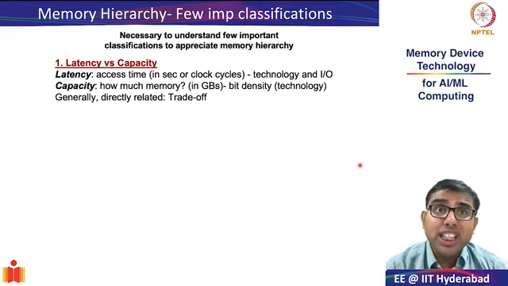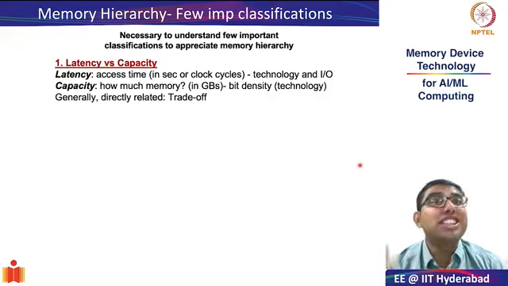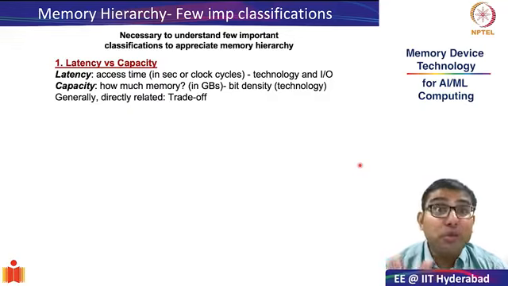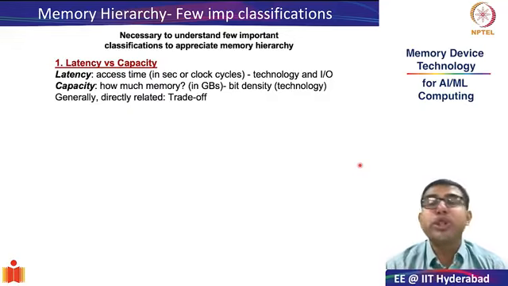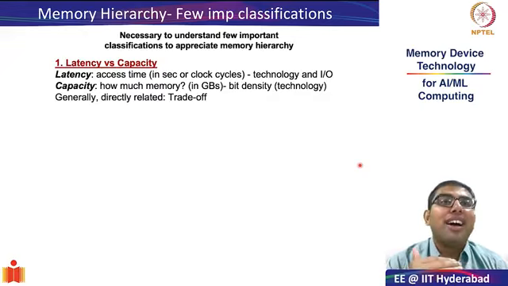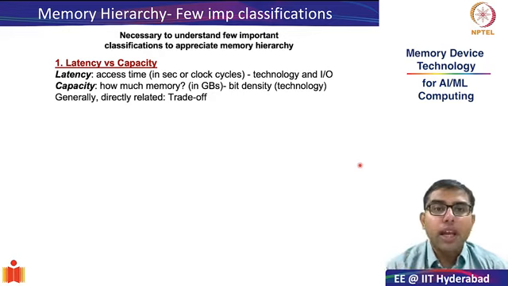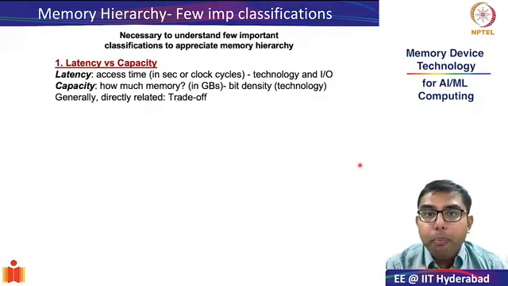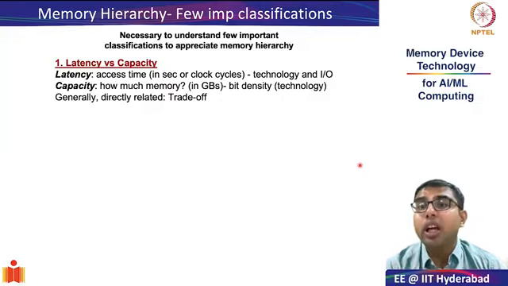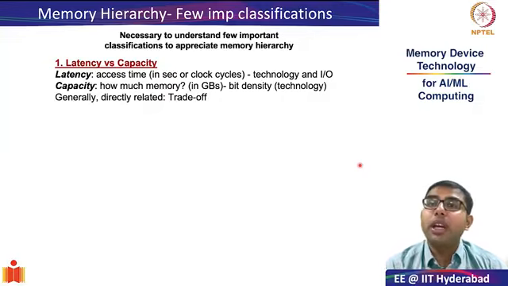These classifications are often used interchangeably, and there is a lot of confusion even in the community. We should clarify, our concept should be clear, then the understanding of information will become very clear. Okay, so let us begin. What are these important classifications that we need to understand to appreciate the memory hierarchy?